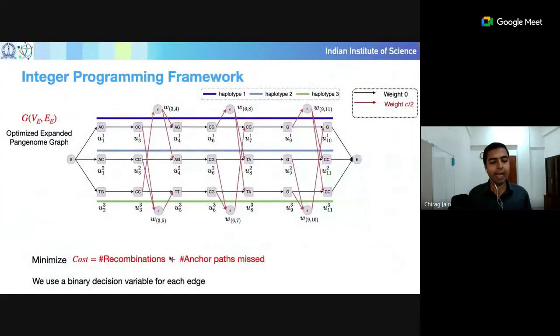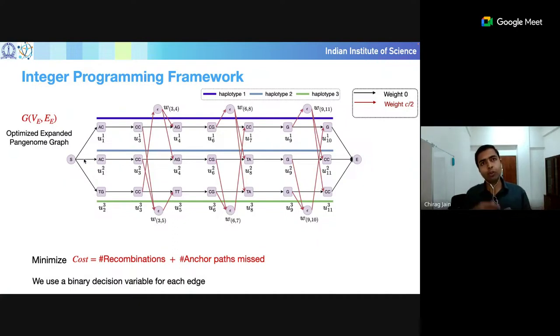Okay, so the idea is as following: we will use a binary decision variable for each edge of this graph. And I'm going to convert this problem into a network flow like problem, in which that binary variable will have the value 1 if there's a flow of 1 along that edge, and it will be 0 if there is no flow along that edge.